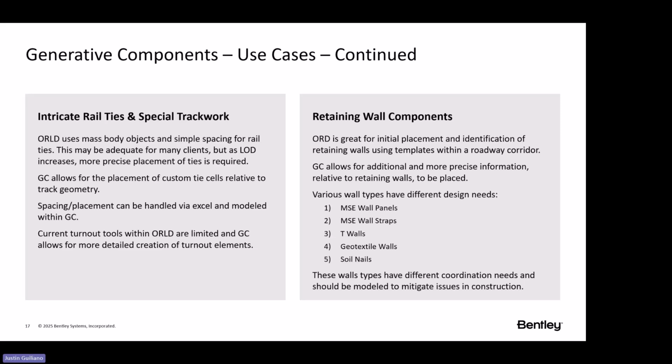So what GC allows you to do is essentially build any array of points or objects relative to the geometry developed from OpenRoads. So you would reference in your OpenRoads model with your top and bottom of wall, create a geometry relative to that, and then start placing objects so that you can turn off your component and turn on this GC model and have that kind of sit in its place.